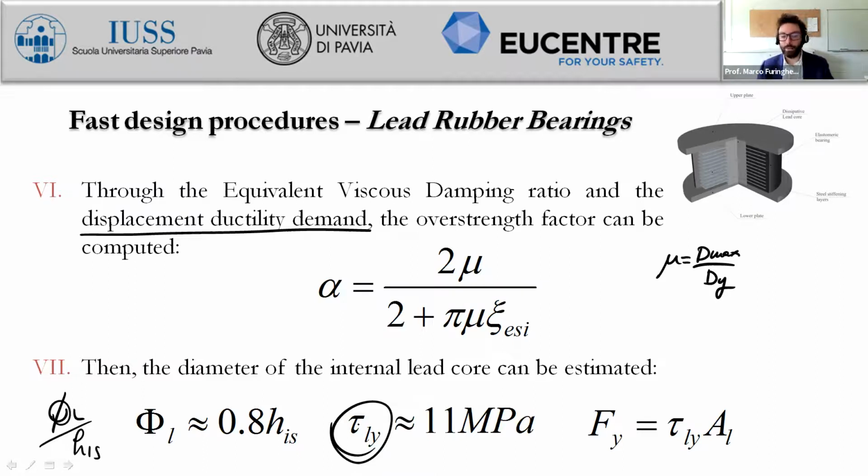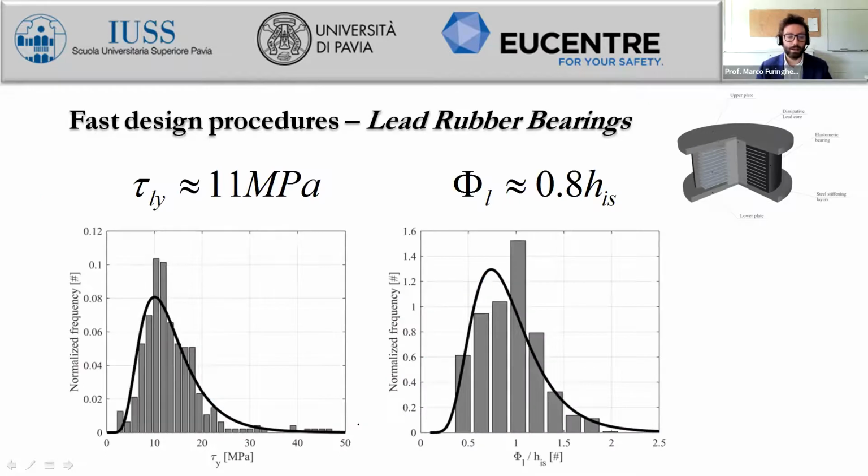And I've seen at this step that the overall procedure would be very easy if we had the opportunity to compute the geometrical section of the lead core. So I tried to see if there was a correlation between the diameter of the internal lead core and the height of the device. And this is what I have obtained.